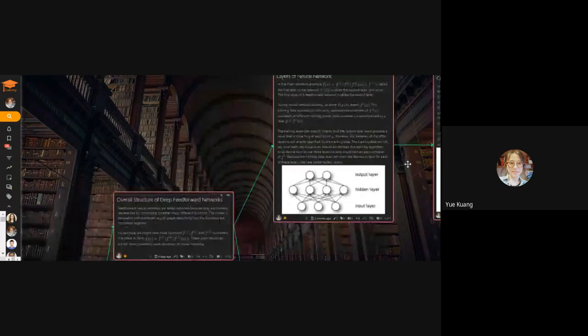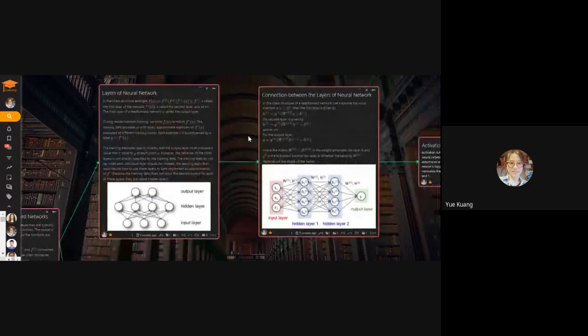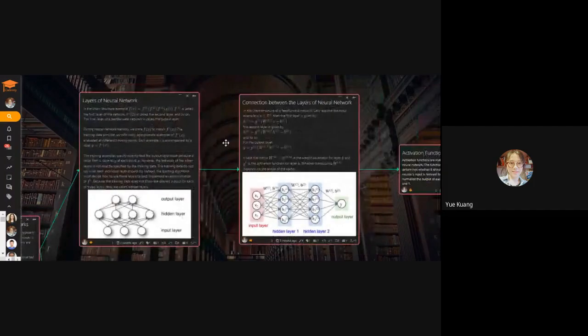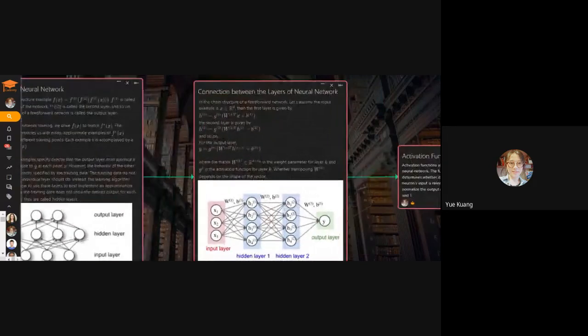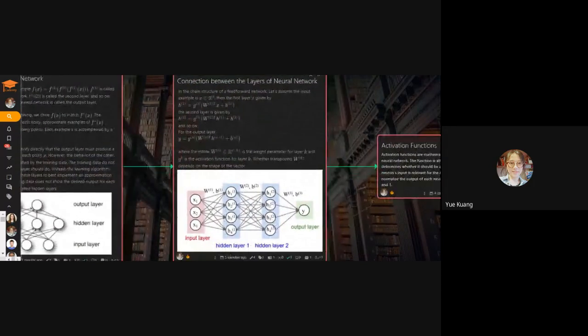Okay, so next is the connection between layers of a neural network. In the chain structure of a feedforward network, let's assume the input example is x, which is a vector of dimension d, and it will be the input to the first layer.